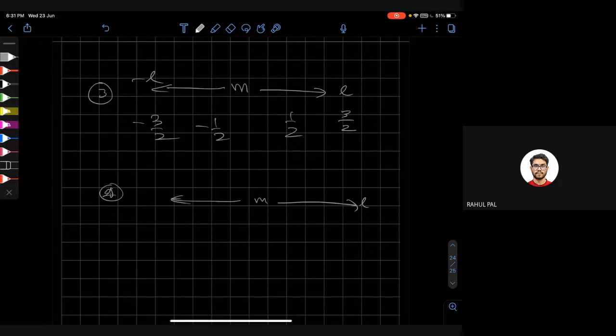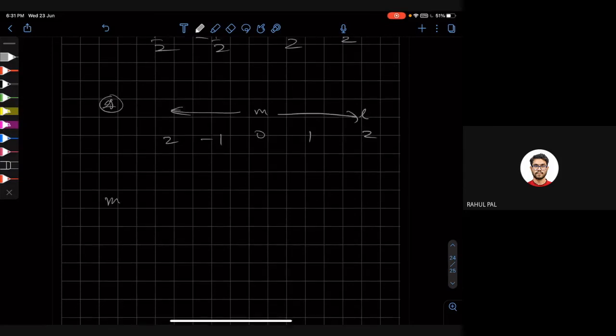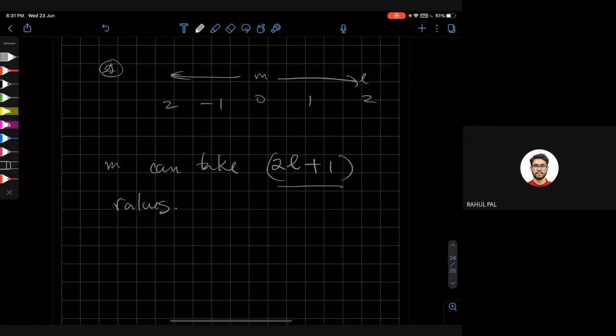L can be, say, 2, and then this can be 1, 0, minus 1, minus 2. In other words, M can take 2L plus 1 values. And the representation is therefore, this is the dimensionality of the representation. There are this many independent state vectors in your Hilbert space.